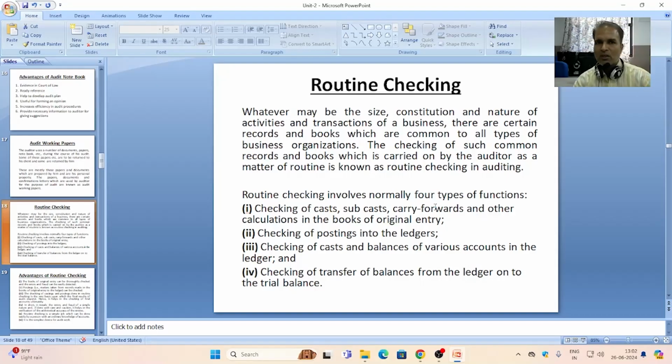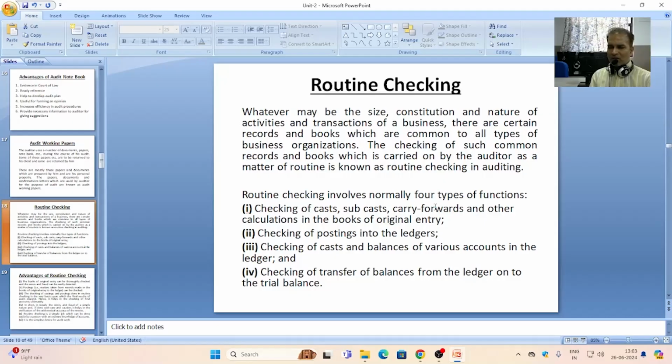Simply, it is the examination of the books of accounts prepared by the business concern, which are common for each business, maintained and audited by the auditor.